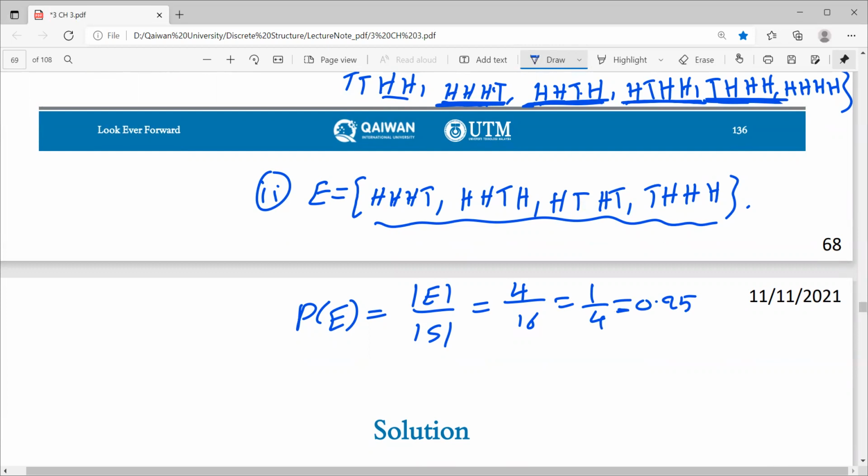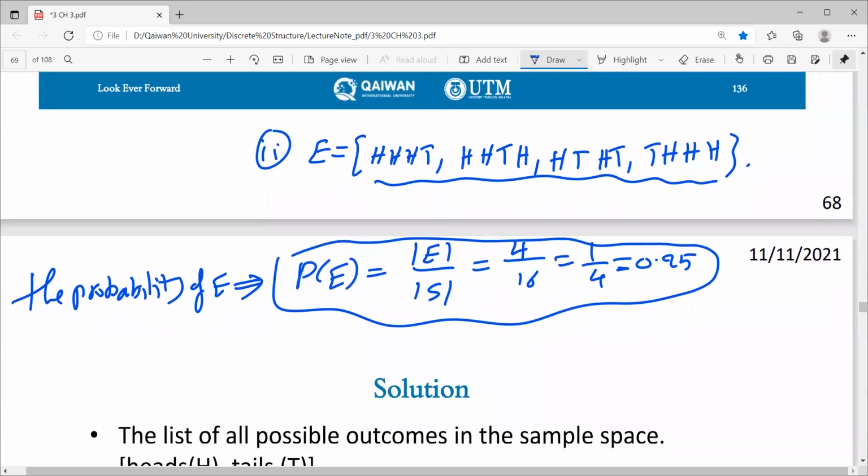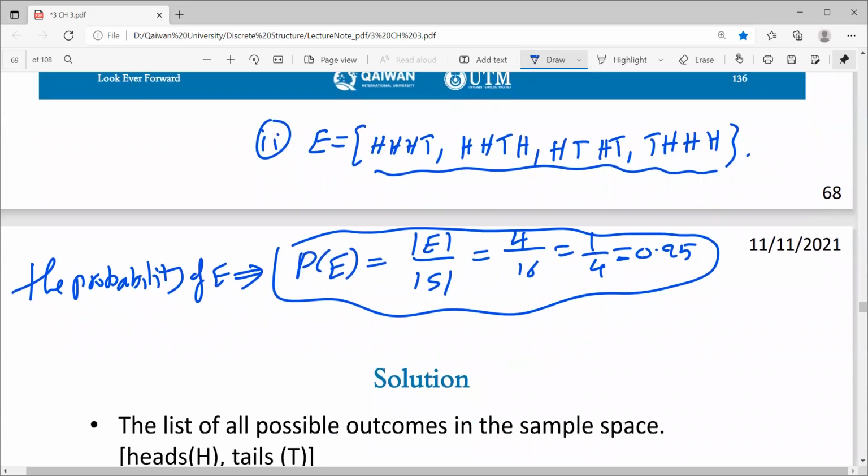But in this example, it's not asking about finding the probability. It's only asking about finding the event, the above one. Okay? This is extra. This is the probability of E. E is the event in which we have only one tail.